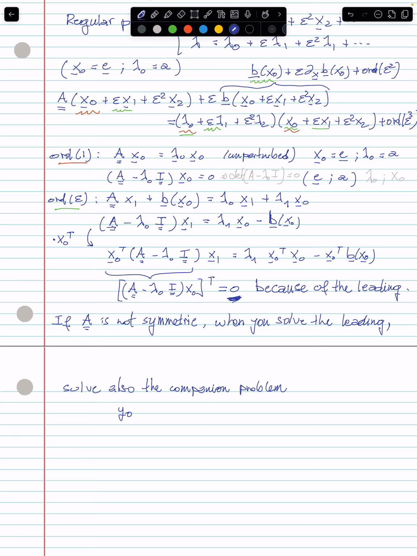So x0 is the right eigenvector, and y0 is the left eigenvector.